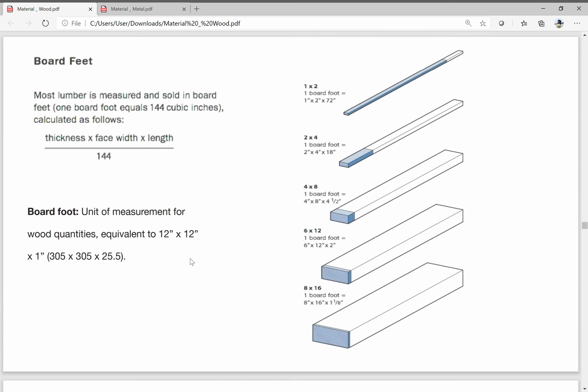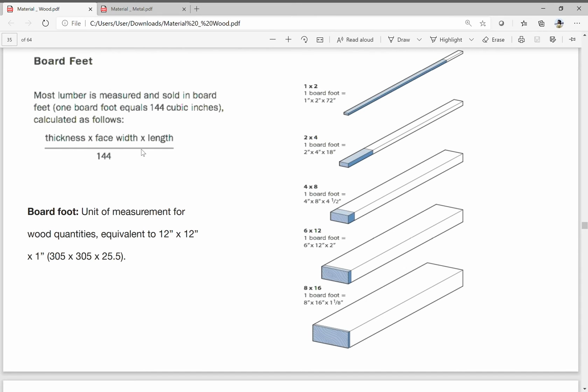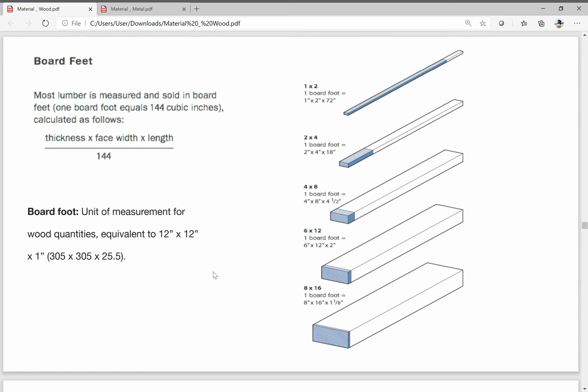Okay. Now, how much is measured for you to get the board feet? Most lumber is measured and sold in board feet. One board foot is equal to 144 cubic inches, calculated as follows. We will have an activity around maybe Friday or next week regarding computation.